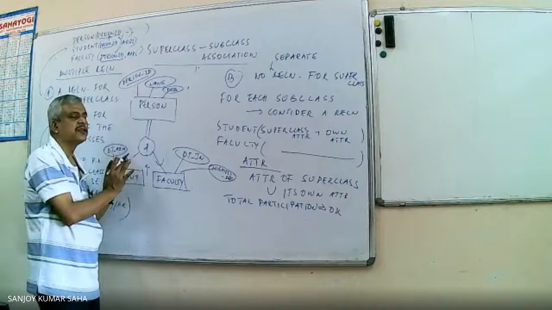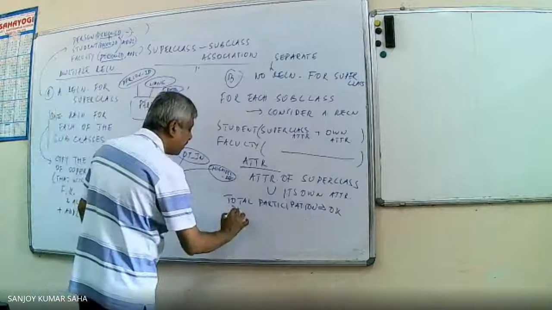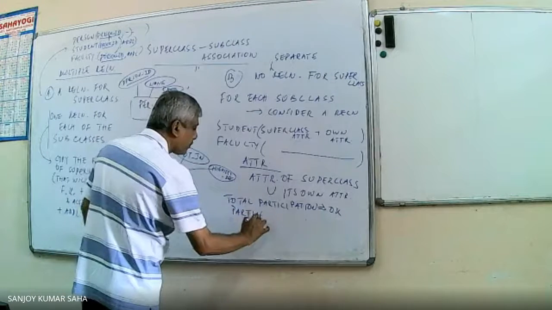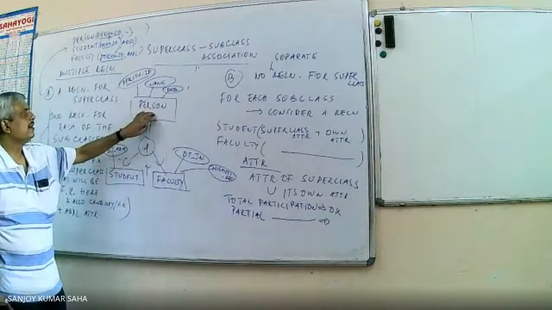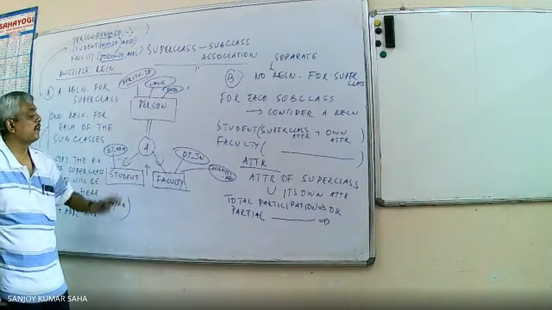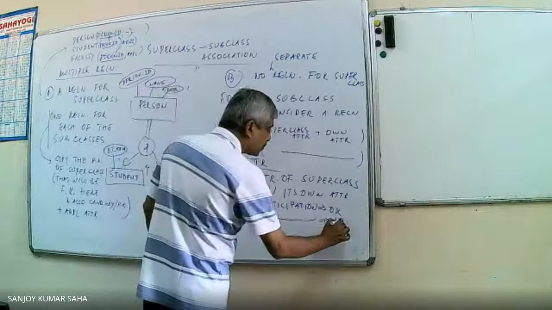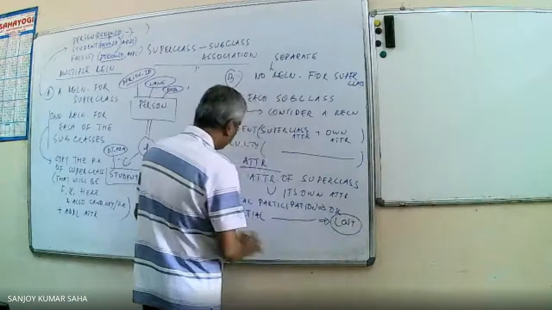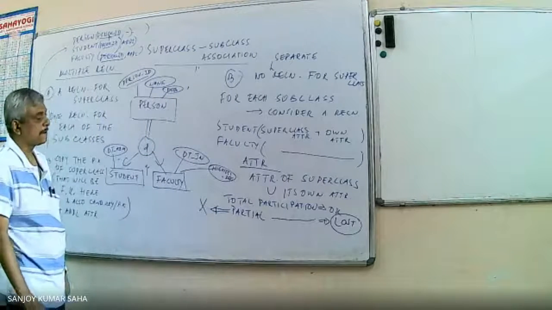So I am not losing any personal information. But if it is partial participation, a person is not part of any student or faculty, then where to store? So lost, cannot store. So if it is a partial participation, this model cannot work.